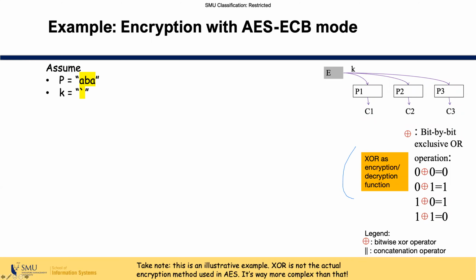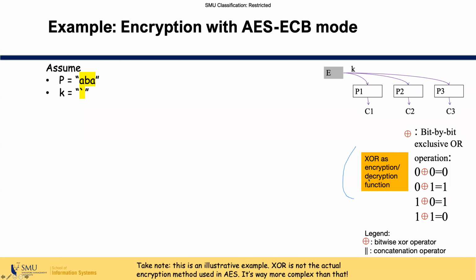This is because I simply cannot afford to use the actual encryption method used in AES because, as I told you before, it is a far more complex system. So instead, I can only use XOR as the encryption and decryption function, but this will serve the purpose. This will clearly illustrate how AES in ECB mode works.